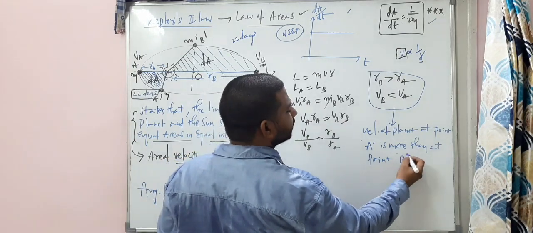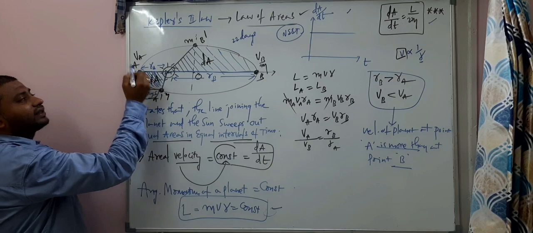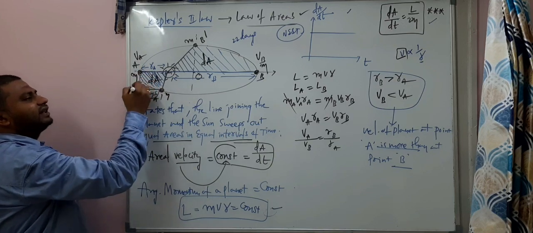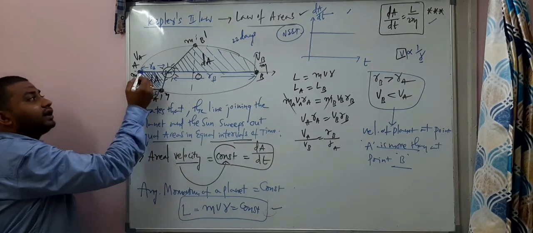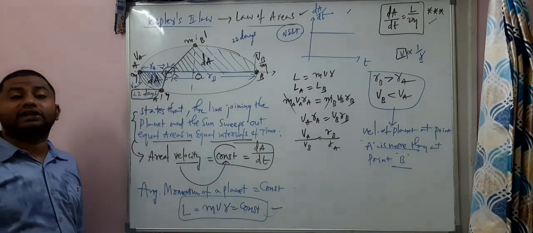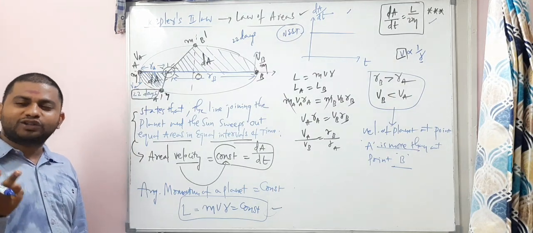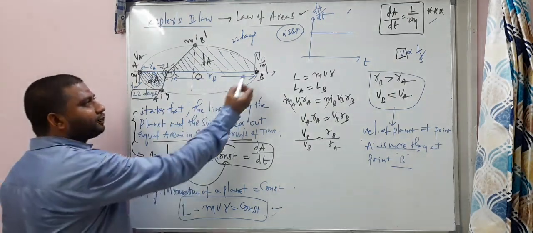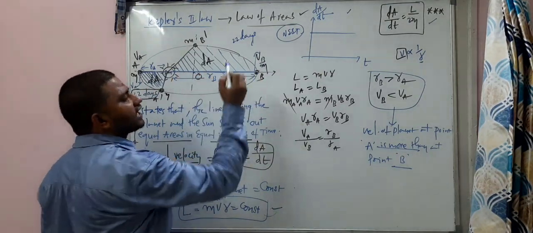This is velocity Va and this is velocity Vb. Here, the velocity of the planet at point A is more, and this point is close to the sun. At this point, velocity is less, and this point is far away from the sun.